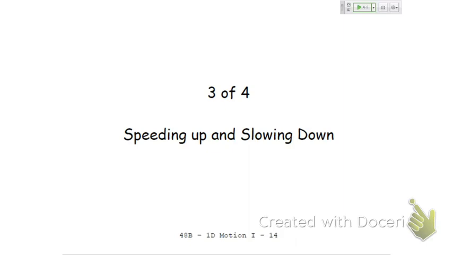Slowing down, aren't I? And what is my acceleration? Positive or negative? Negative. If I'm doing this, am I speeding up or slowing down? Slowing down. Stopping. And what is my acceleration? Positive or negative?